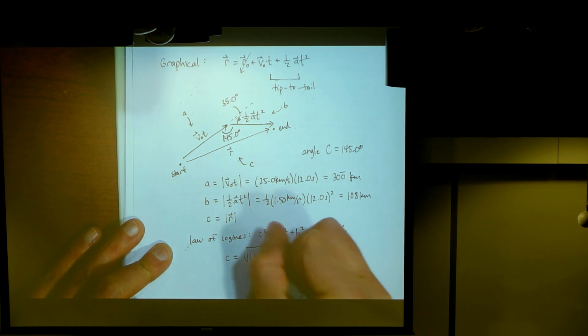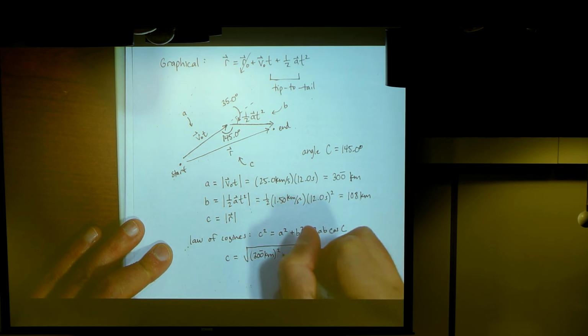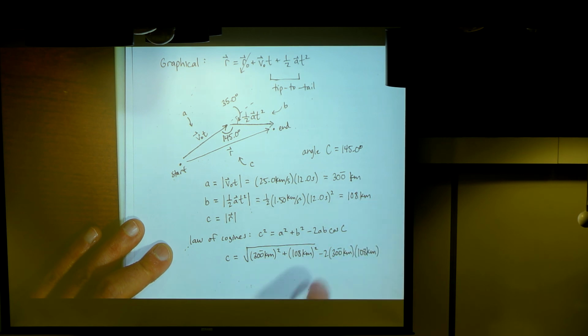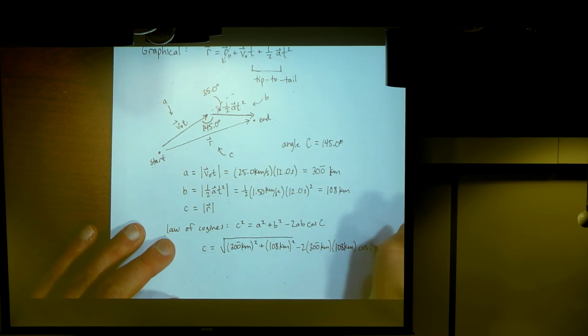Side A, 300 kilometers. Square it. Plus side B, 108 kilometers. Square that as well. Minus 2, multiply A and B together. That's 300 kilometers times 108 kilometers. And then finally, multiply that by cosine of C. That's our 145-degree angle.